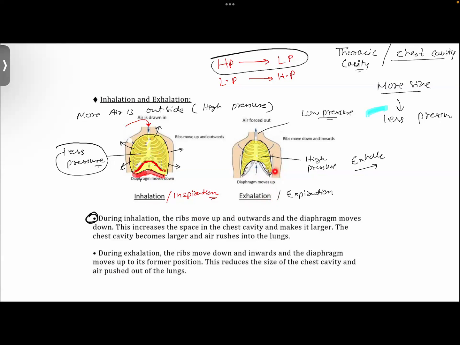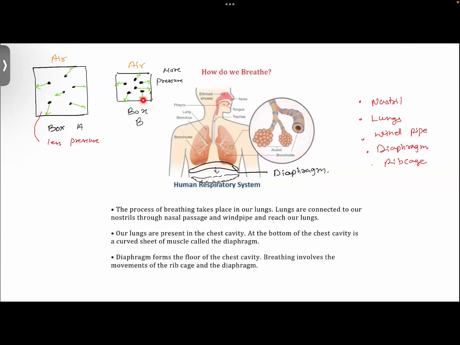While in exhalation, we learned that the diaphragm moves up, while the ribs move down and inward, because of which the chest cavity reduces in size. And when something is smaller in size, the pressure inside is more. We learned this with the help of boxes: a small box has more pressure in it, while a bigger box has less pressure.